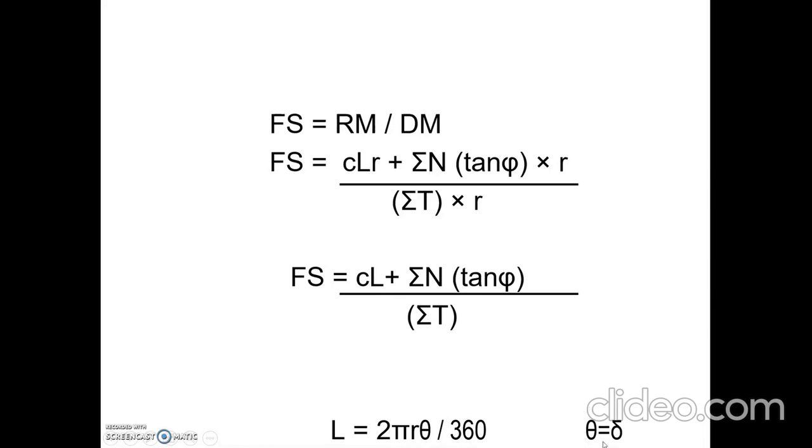In the diagram, theta is taken as delta, so here we can replace theta by delta and we can write same equation as L equal to 2 pi r delta divided by 360.